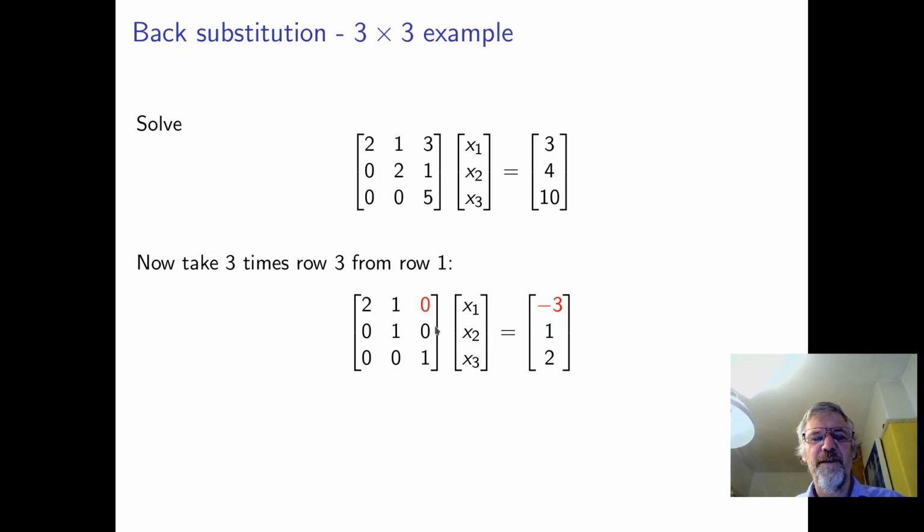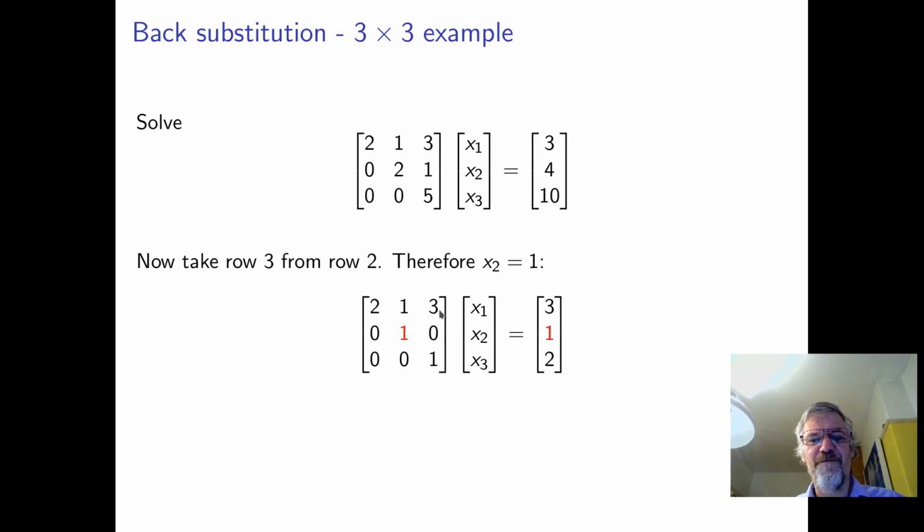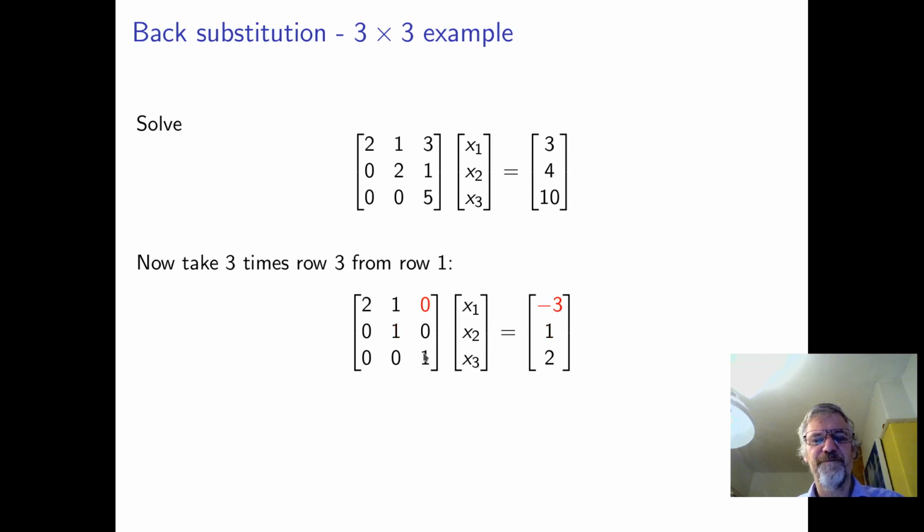So we now get rid of that 3 by using row 3 to get rid of that number 3. So we take 3 of that away. And then finally, we use this row to get rid of that number. And now we've got a diagonal matrix, and we can just read off the answer. This is actually the answer.